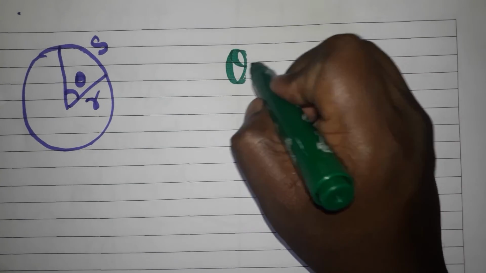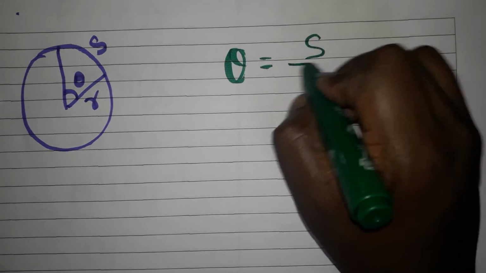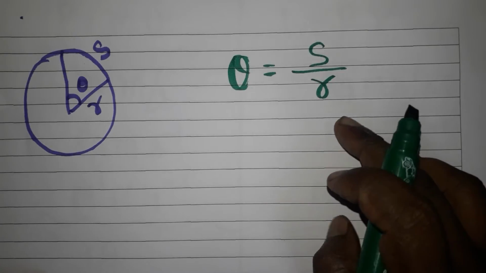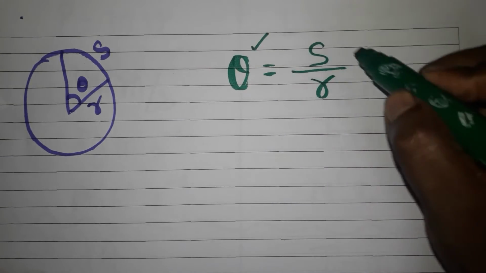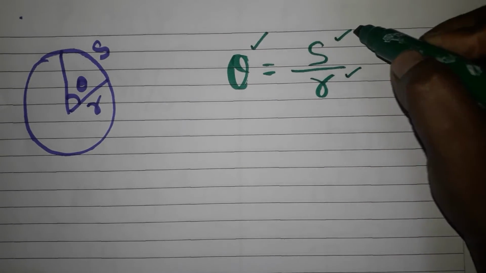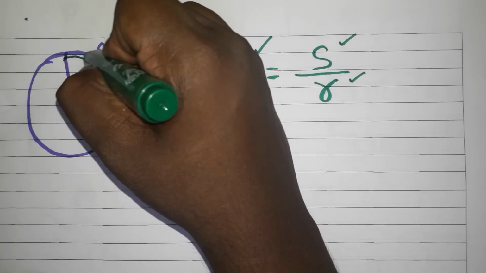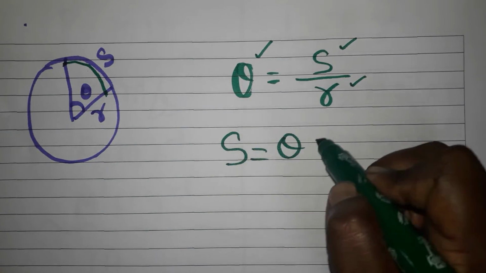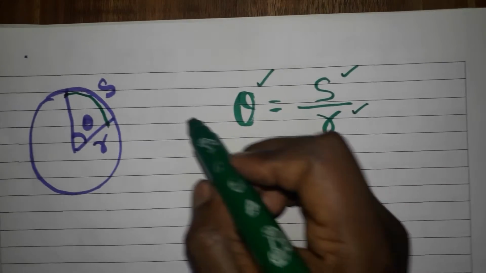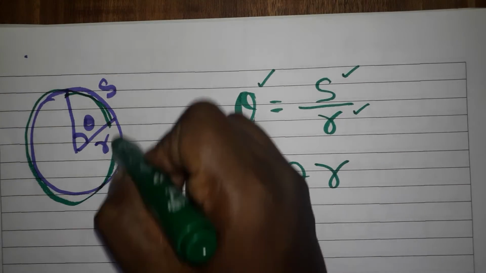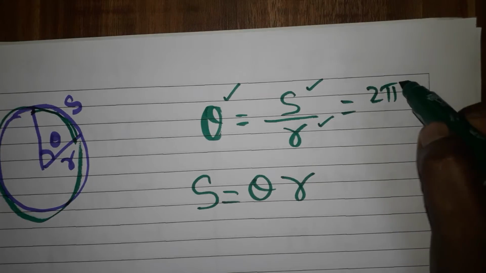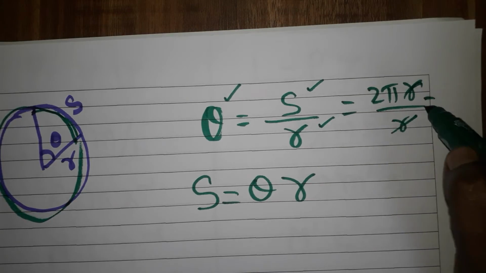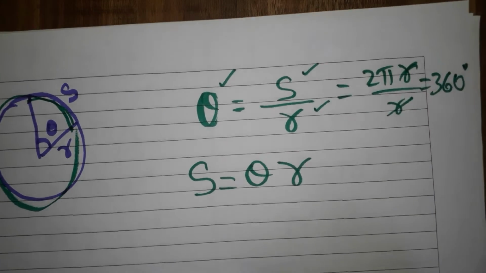Theta is equal to s by r. Theta is the angular displacement, r is the radius, s is the linear displacement, the arc length. So s is equal to theta times r. If you want proof, for a full circle the arc length is 2 pi r, so r by r gets cancelled, and 2 pi is 360 degrees for a full rotation.